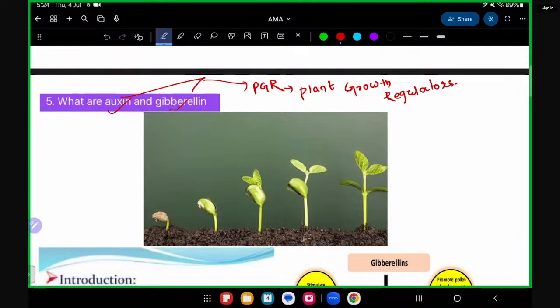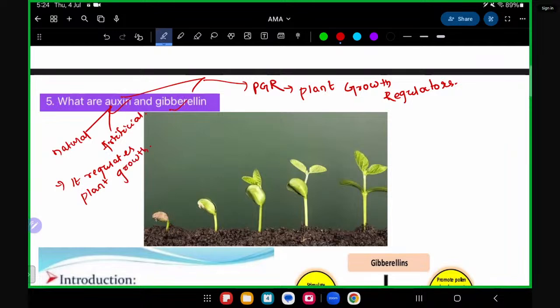Auxin occurs naturally as well as artificially. What is the main function? The important role is to regulate plant growth.